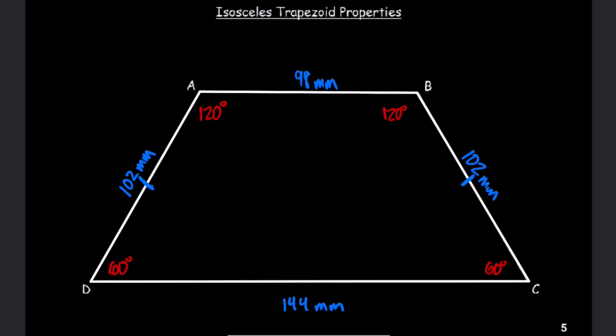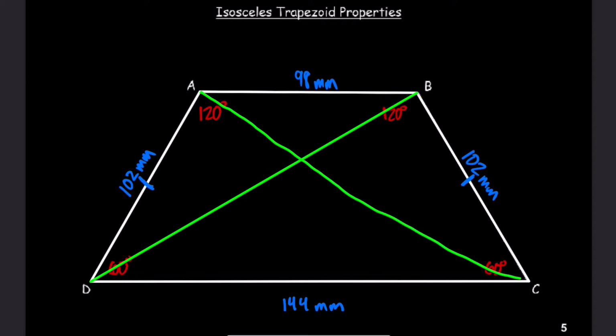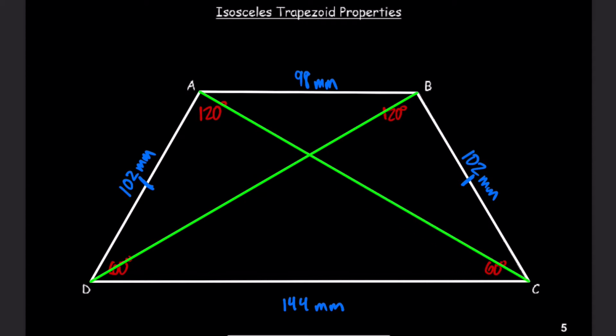Okay, so one more thing I'm going to do, I'm going to sketch in the diagonals. I'm not going to put it in the diagram because it's a little cluttered. Well, maybe I'll put it down here. I'm going to measure DB, and I'm going to measure AC.